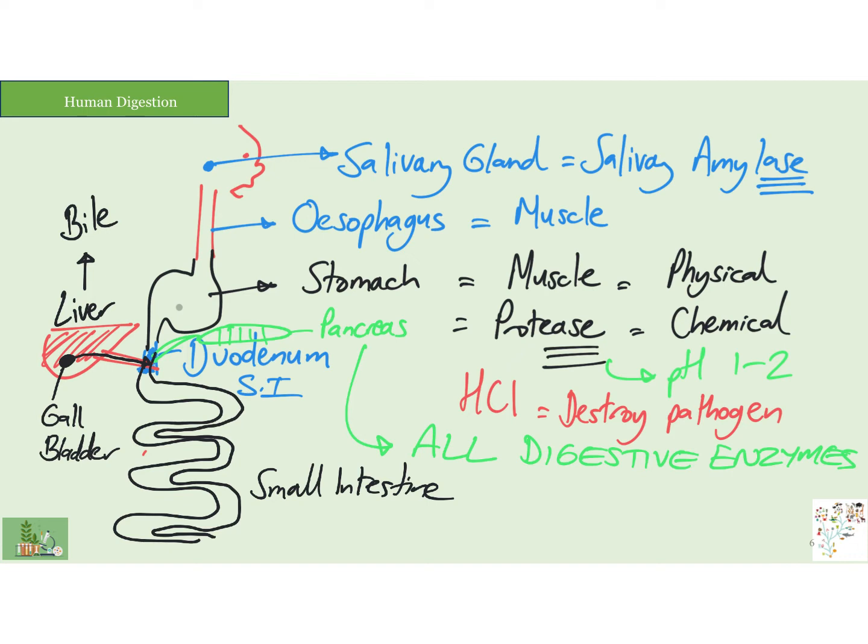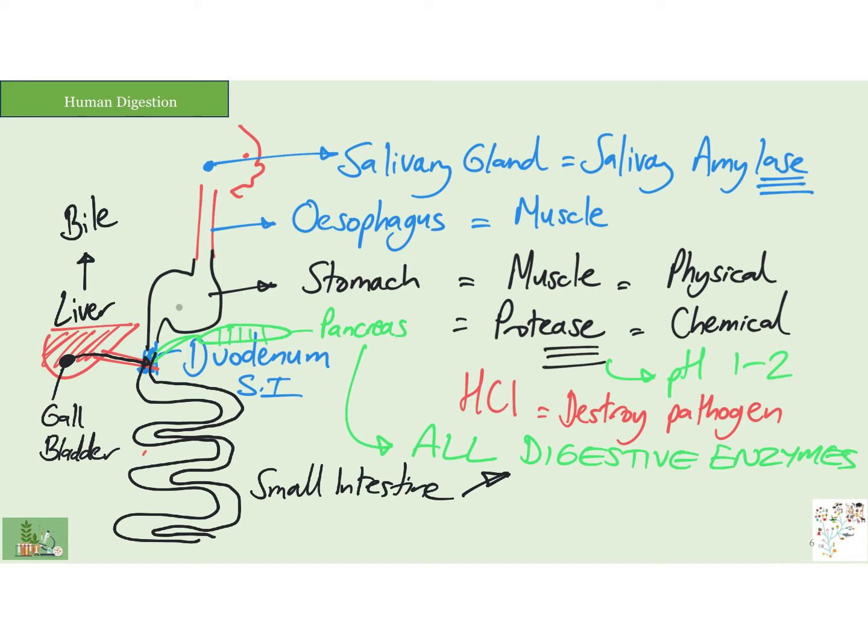So the food then passes into your small intestine. The small intestine also produces all digestive enzymes. So protease, lipase and amylase are all produced in the small intestine and the pancreas. So they are the main sites of chemical digestion.